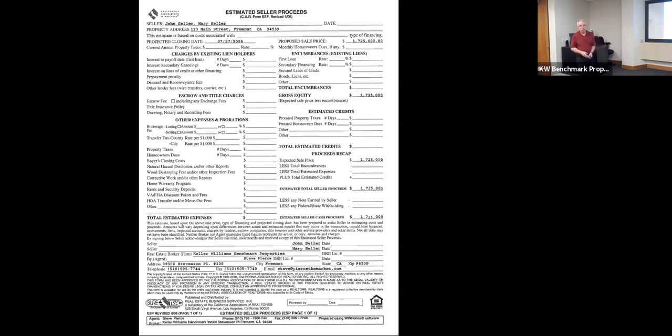Now, in the old days, we did this when we took the listing. We didn't walk away from their house without showing them an estimated net based on the price we listed their home for. Now, it could be as many as three times where you could generate this. One is up front when you take the listing, and you could generate a net sheet based on the list price.